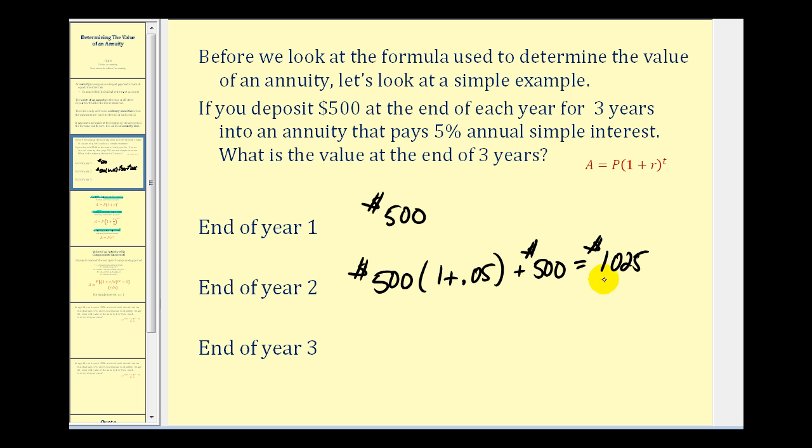Now throughout year 3, the $1,025 earns simple interest at 5%. And then at the end of the year, we make another deposit of $500.